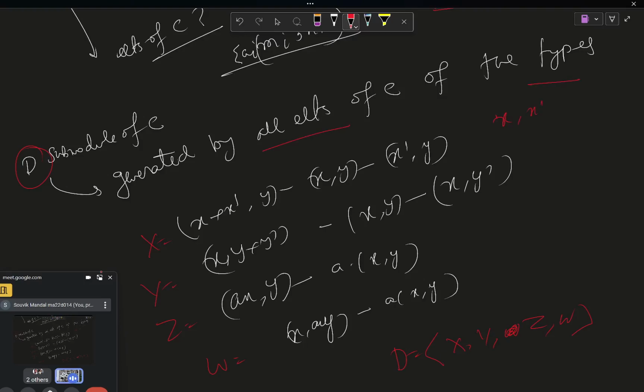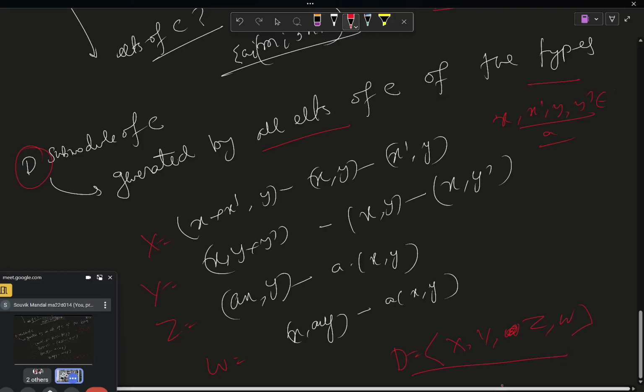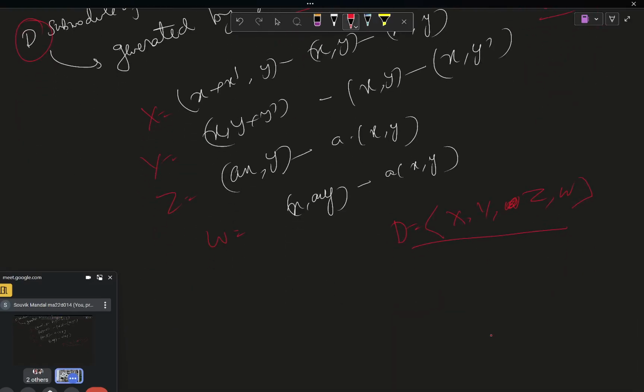Here everything is varying: x, x dash, y, y dash, a. D is a submodule of C generated by all elements of this form, nothing more than that. Any element of D is a linear combination of these X, Y, Z, and W. Understand?